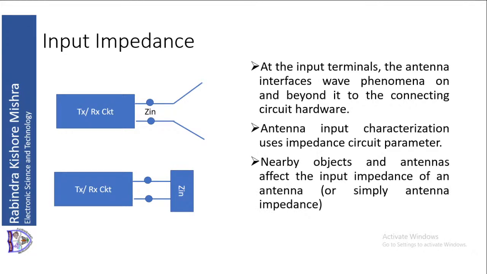What happens is, when we have an antenna and nearby objects, meaning objects near the antenna, if you move the object or add some other objects, they will affect the electromagnetic field, because the electromagnetic field gets incident on those objects and gets reflected.